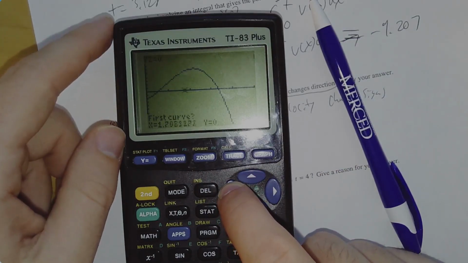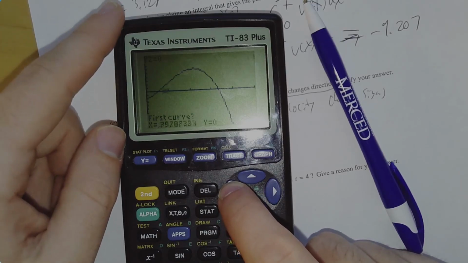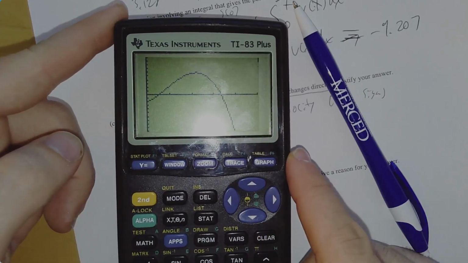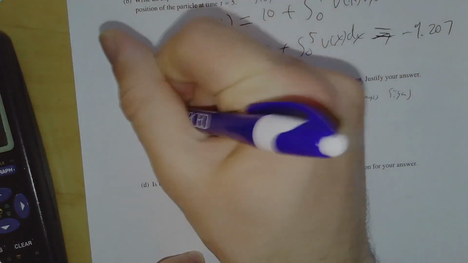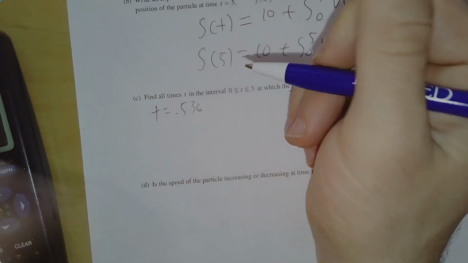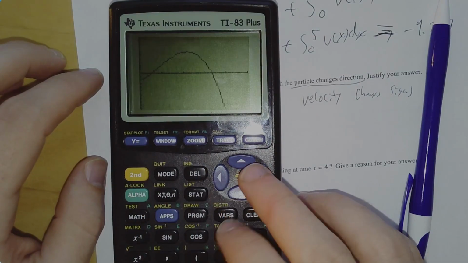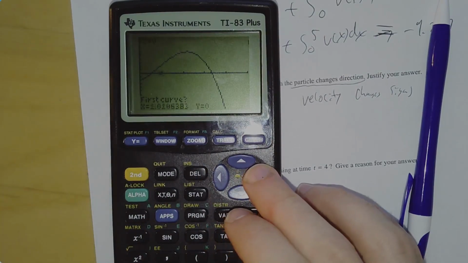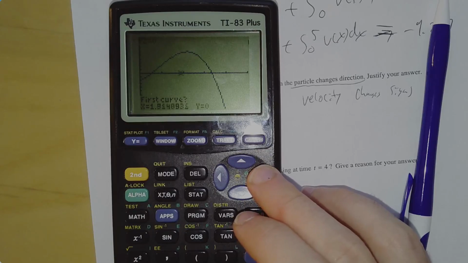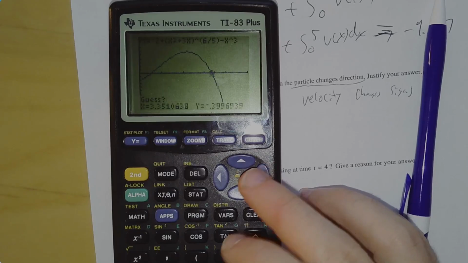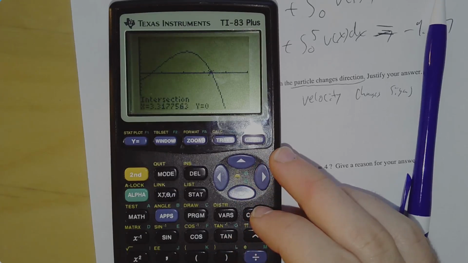So that is at t equals 0.536, and the other intersect is at t equals 3.138.